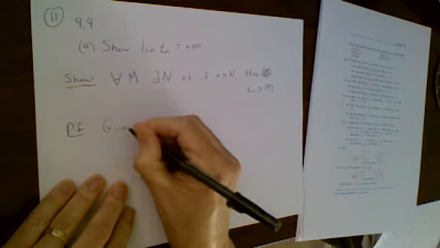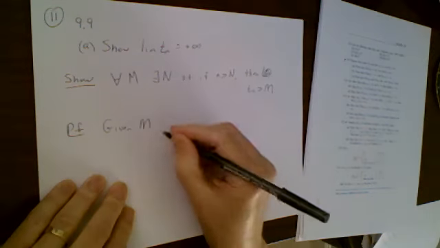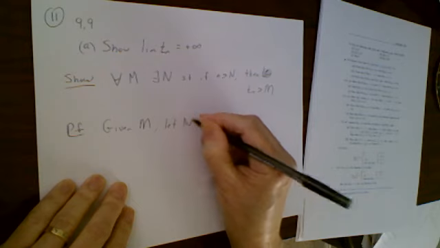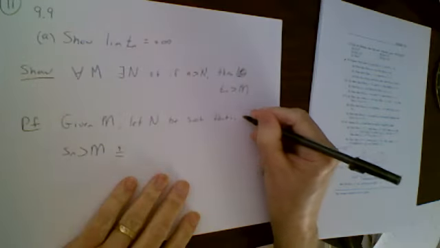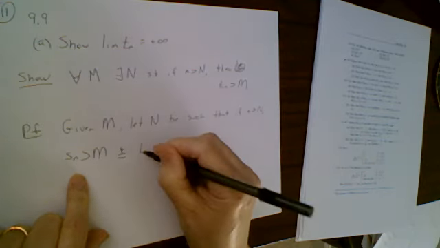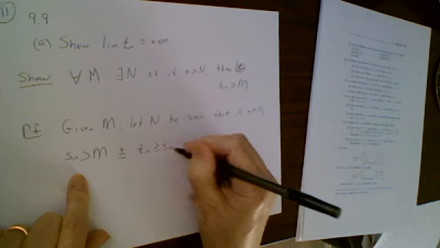So here's what we do. Proof. Given M bigger than 0, let capital N be such that the S sub n's are bigger than M. And we know this exists because the S sub n's go off to plus infinity. So such that if n is bigger than N, the S sub n's are bigger than M. And at this point, notice eventually the T sub n's are bigger than or equal to S sub n's.